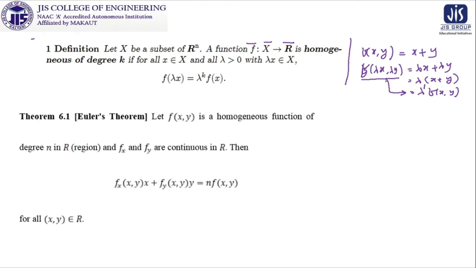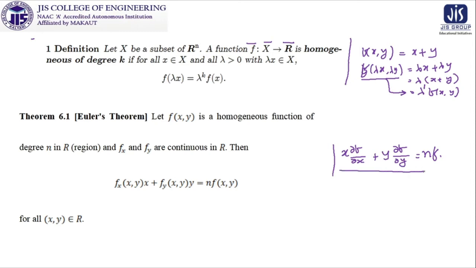This was also discussed in the last class: Euler's theorem for a homogeneous function of degree n, where the partial derivatives are denoted as f x and f y. If the given function f of x y is homogeneous of degree n, then Euler's theorem tells us that x del f del x plus y del f del y is equal to n f.